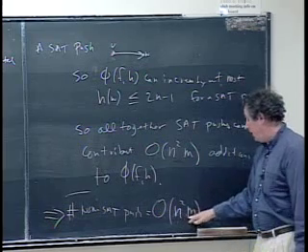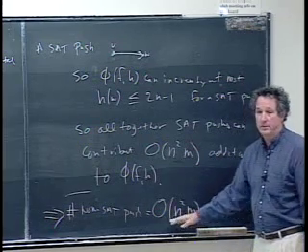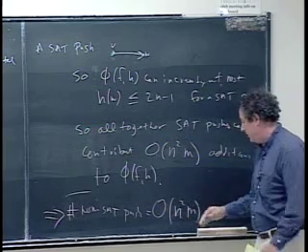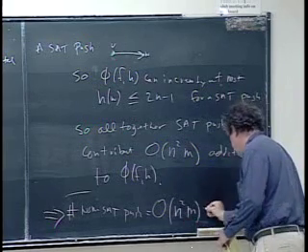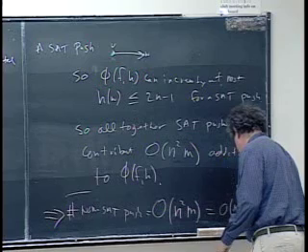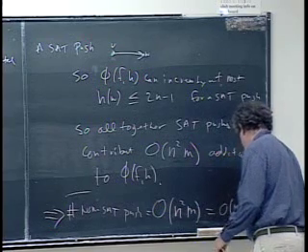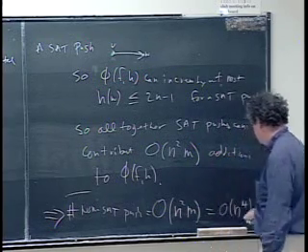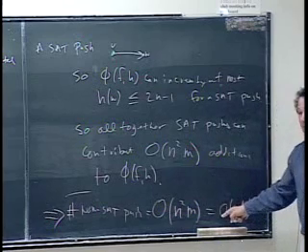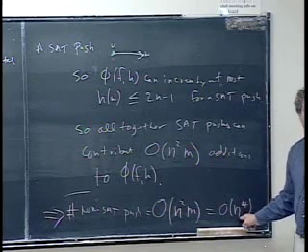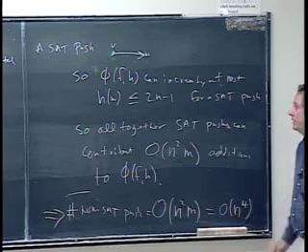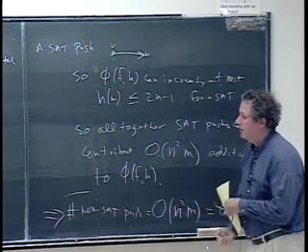Okay, so m can be as big as n squared, and so if you want to analyze this in terms of n, what we've established is that the algorithm runs in time bounded by n to the fourth. Okay, so that's pretty good.